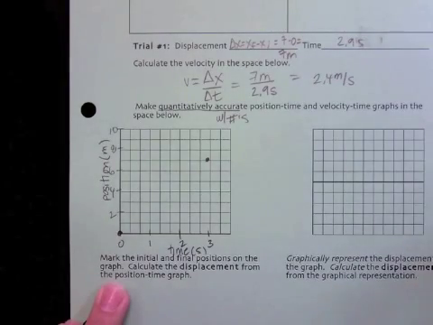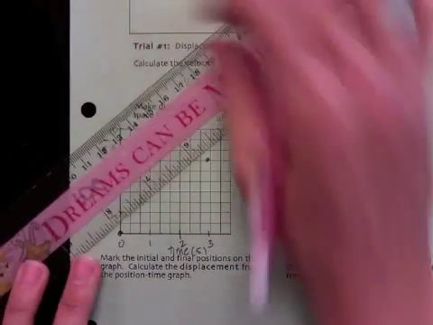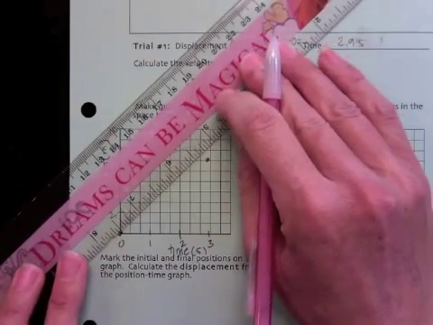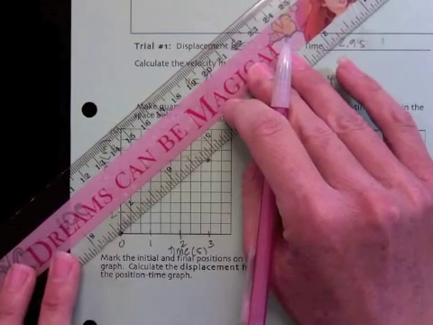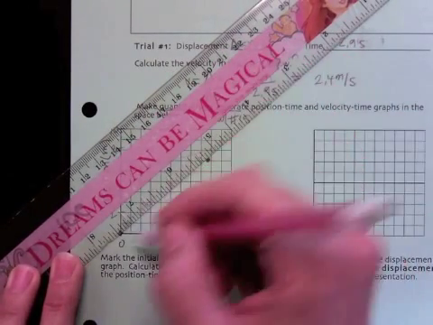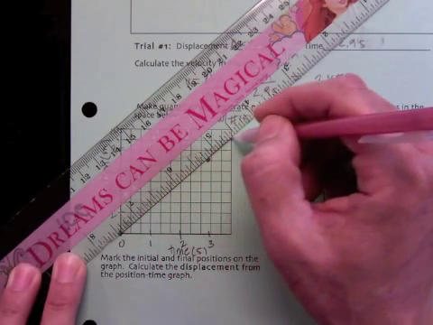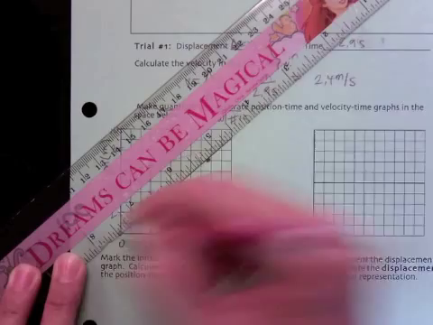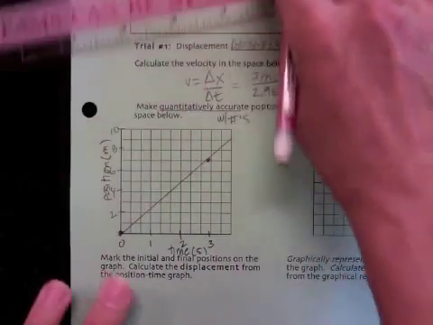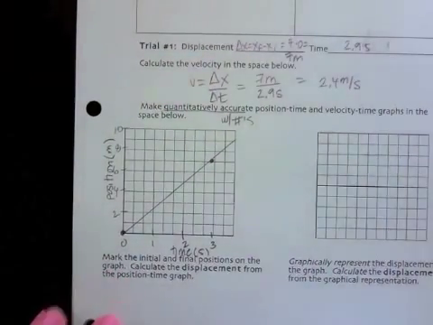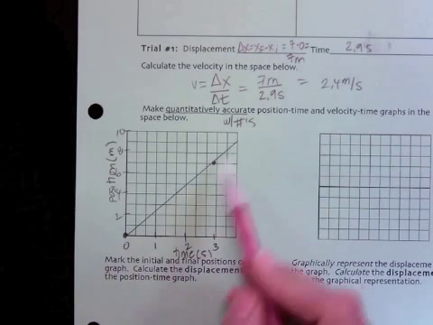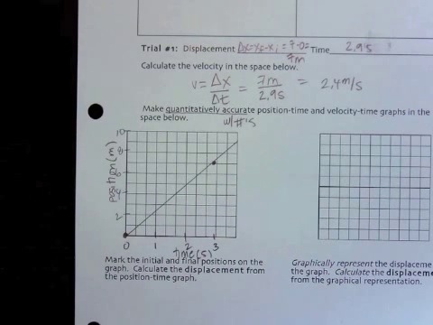And then you can connect those 2 dots. Please use a straight edge of some sort, and you can assume that he continued on at that same velocity for another couple hundredths of a second. So you can continue your line all the way out.